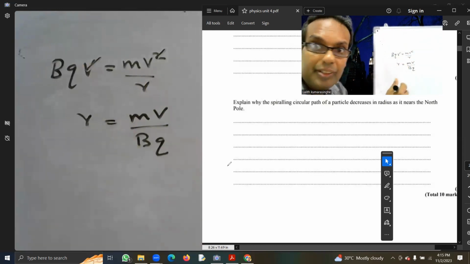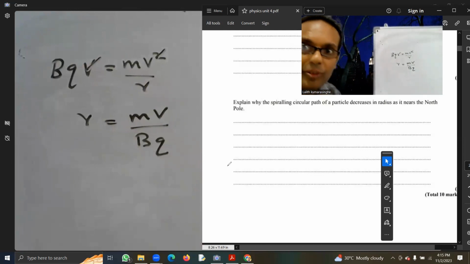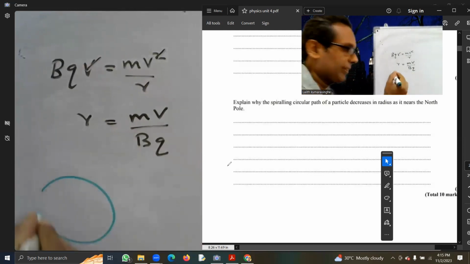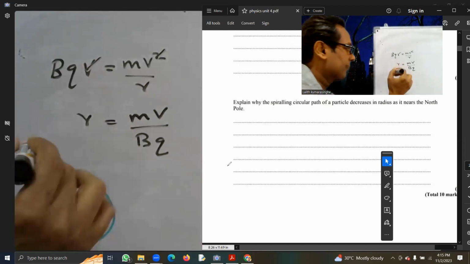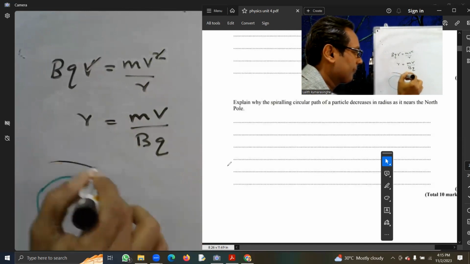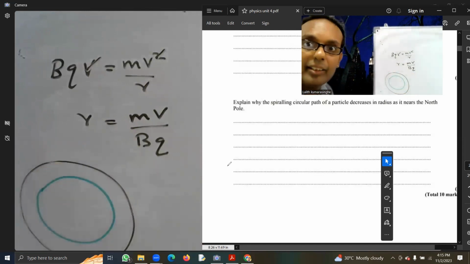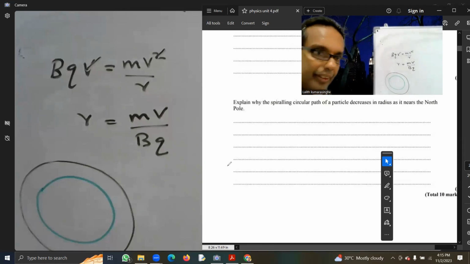Now it's coming near to the North Pole. What will happen? It will be crossing part of the upper atmosphere. Now there is air resistance. There are resistive forces. Now what will happen?